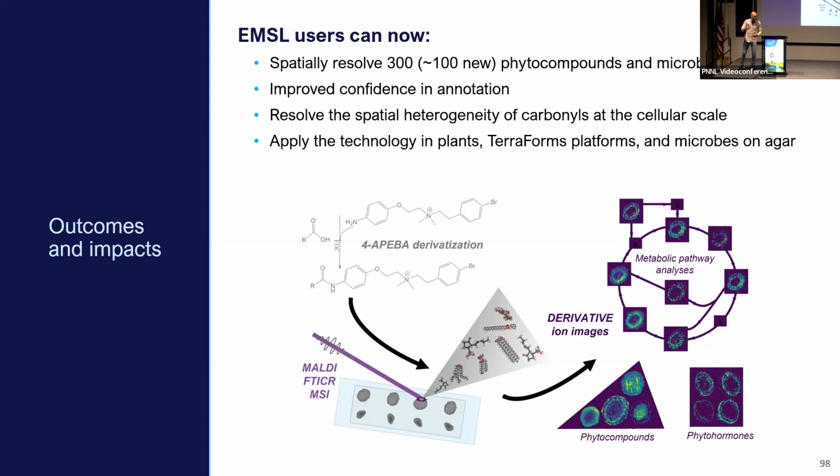And also, we are now more confident in molecular annotation of those compounds. This is very efficient if the system that you investigate involves carbonyls, and carbonyls are involved in molecular signaling, membrane fluidity, and some are toxins as well. So there are really a lot of applications where this workflow can shine.